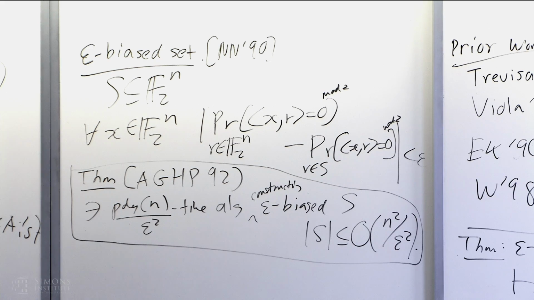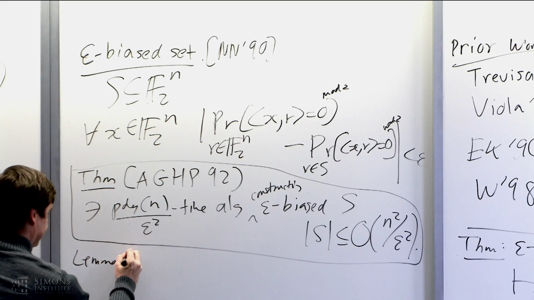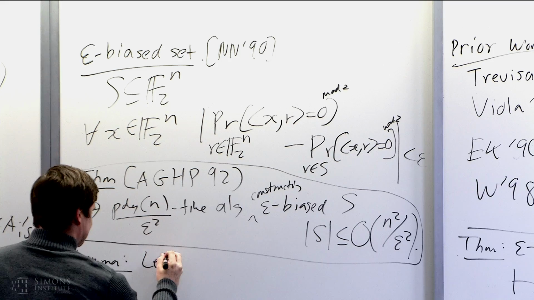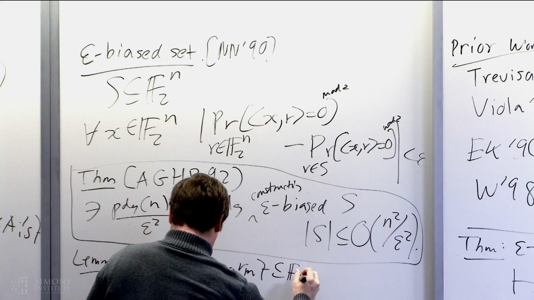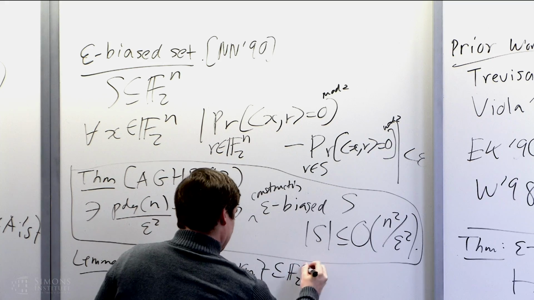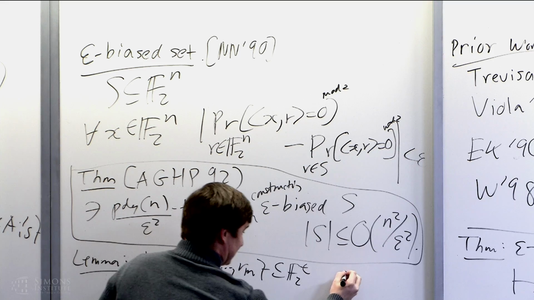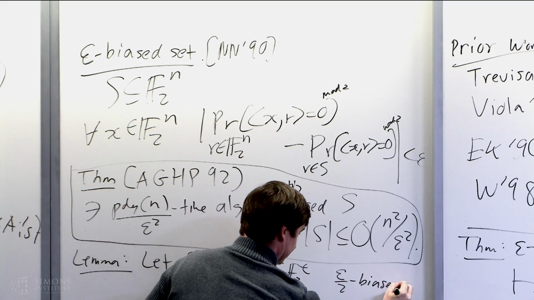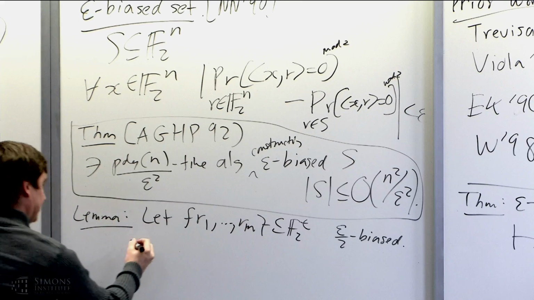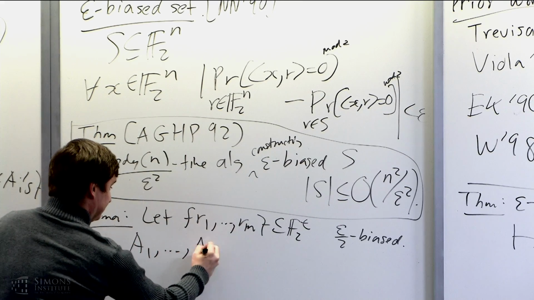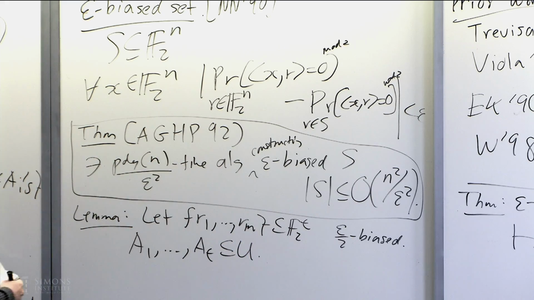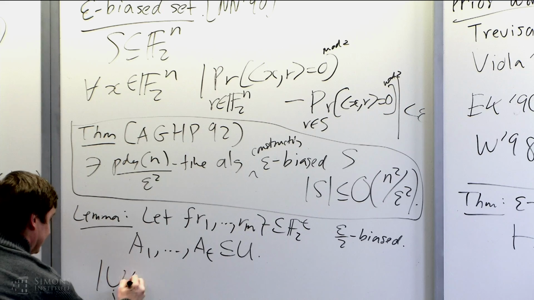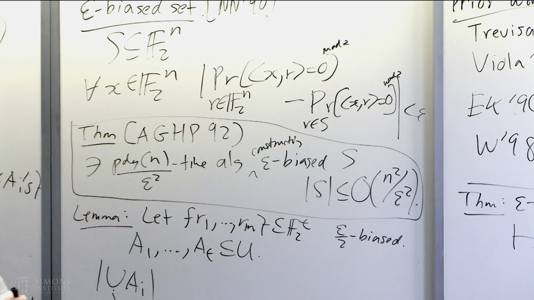Basically matching random sampling. The main lemma here is, suppose I've got some set R1 through Rm, a subset of F2 to the t, and let's suppose it's epsilon over 2 biased. Also let A1 through At be arbitrary subsets of some finite set U. Then I can approximate the union of these things in the following way.